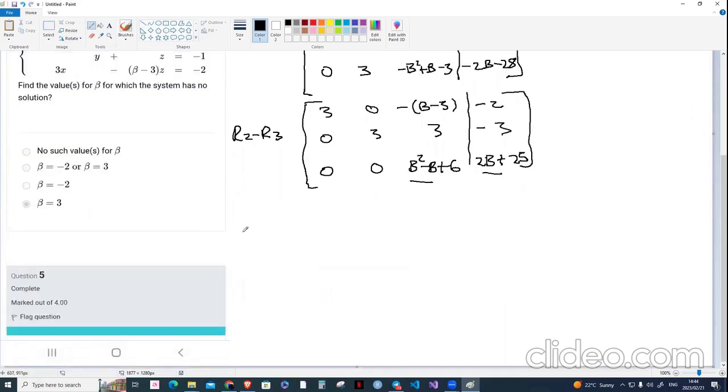No solution. Condition 1, b squared minus b plus 6 must be equal to 6, while condition 2, 2b plus 25 must not be equal to 0. So when we solve this one, you can see that this cannot be solved.